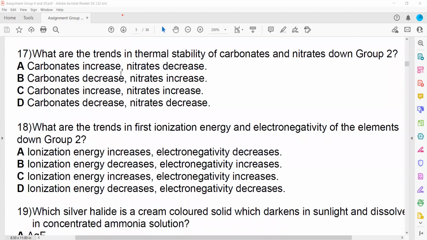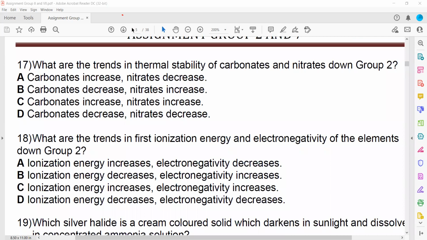In question 17, what is the trend in thermal stability? The thermal stability of all the compounds increases. Why do they become more stable as we go down? For example, lithium carbonate: lithium is smaller in size, so it causes more distortion to the carbonate compared to sodium carbonate, which is larger in size and causes less distortion to the carbonate ion.